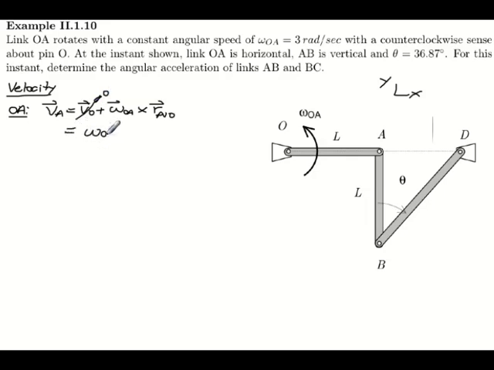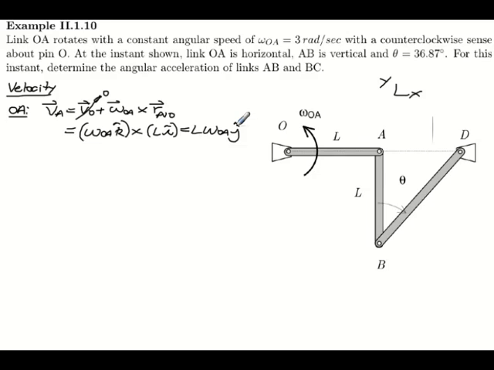Omega OA we know both in magnitude and sense; it's definitely about K. And the vector going from O to A is an L i. K cross i is a j, so this is L omega OA j.